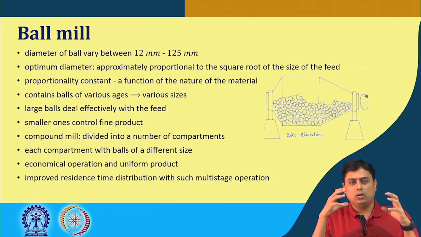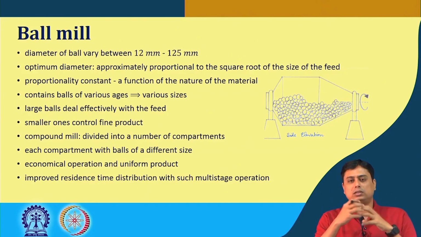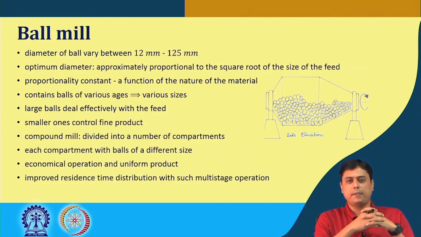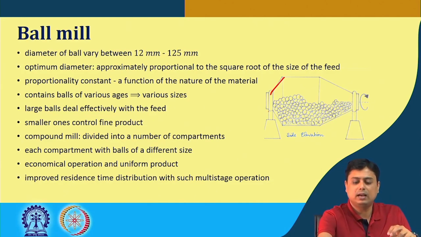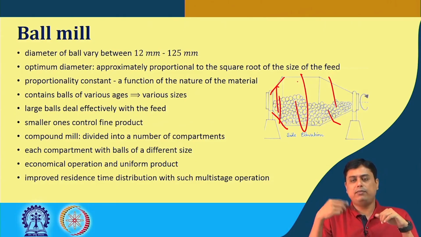Now, we can understand these balls are going through some vigorous movement inside the ball mill. So, naturally there will be a huge amount of wear and tear of these balls, and it is not as uniform as it ideally should be, because by this construction the movement of the periphery would be different in different locations, or the velocity would be different, and so the wear and tear will not be uniform for all the balls.